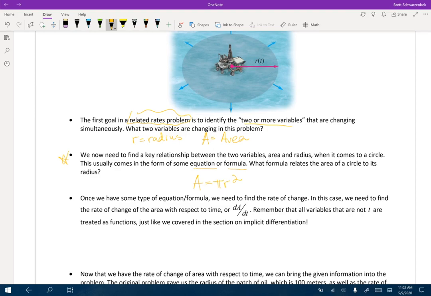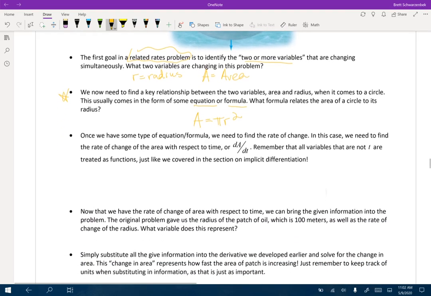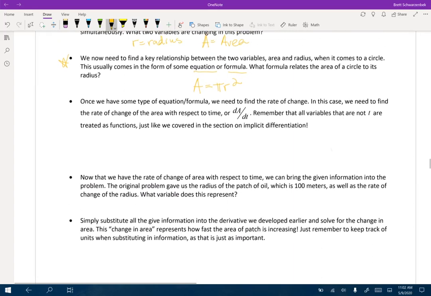Now this is where we get into the calculus, which is going to be a little bit funky for the brain, but stick with me here. Once we have some type of equation or formula, which we do, we need to find the rate of change. In this case, we need to find the rate of change of area with respect to time.